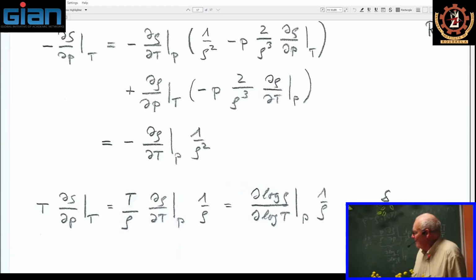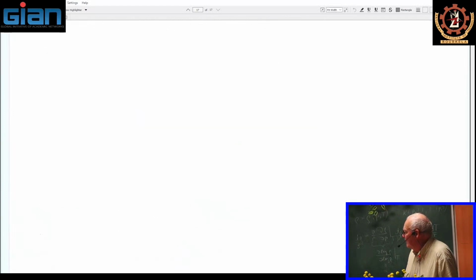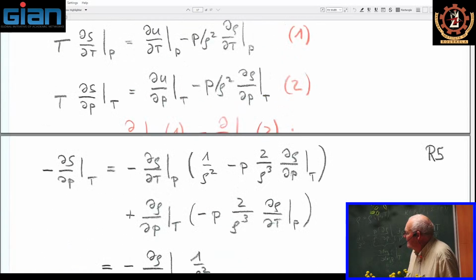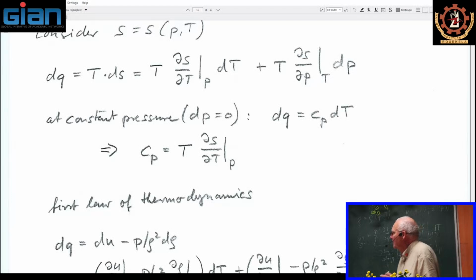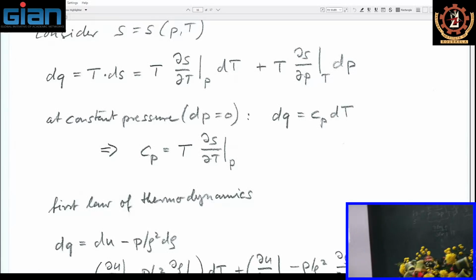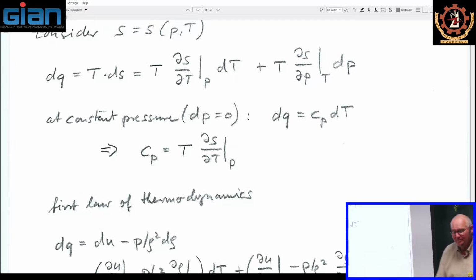Okay. So what we have proven now is that, first of all, this term is proportional to Cp, the specific heat at constant pressure, and this is something like minus delta over rho.